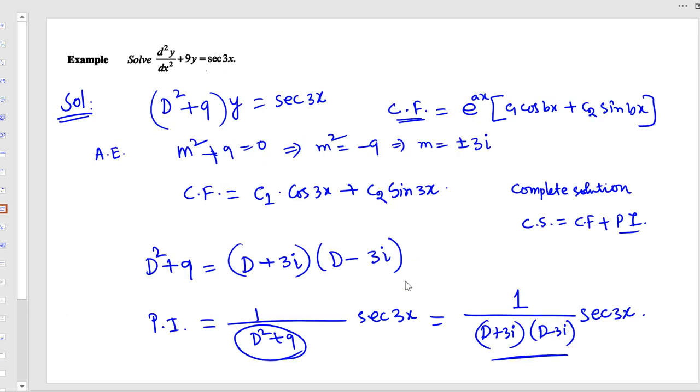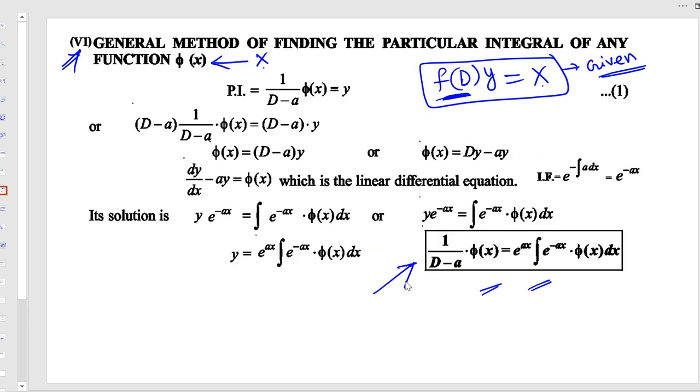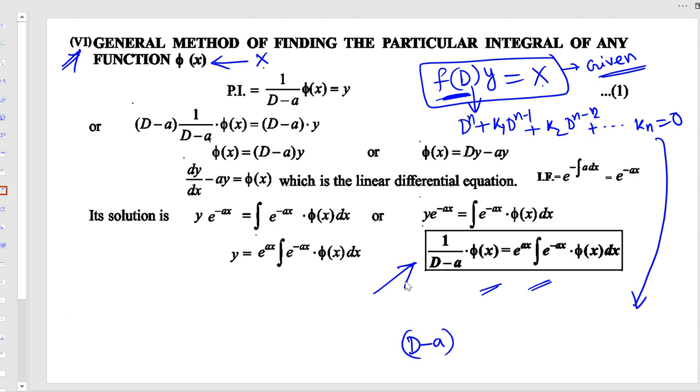Now as a particular example, a is any real number. A will depend on the factor, because this f of D is a function like D to the power n plus k1 D to the power n minus 1 plus k2 D to the power n minus 2 and so on, equals 0. If you factorize it, you will get, for example, D minus a, D plus b.